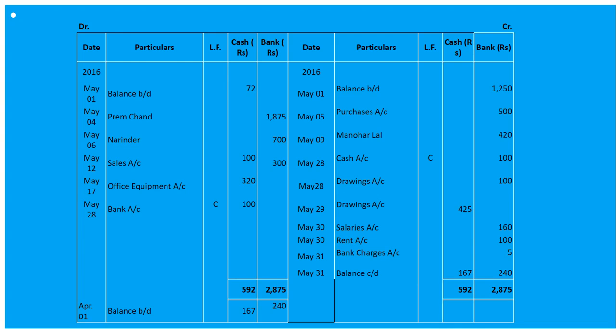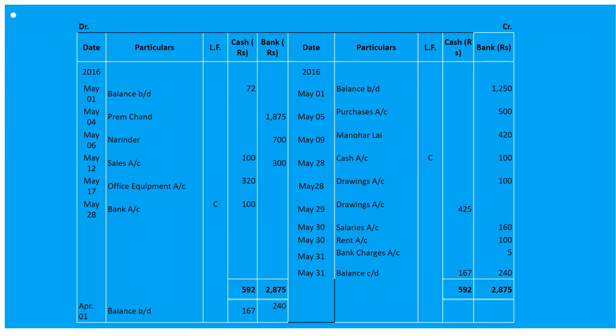On May 30th, paid by check salaries 150 and rent 100 rupees. So by salaries, by rent account, 150 and 100 both will be written under bank. On May 31st, bank charges as per passbook. So by bank charges, the amount will be written under bank, 5 rupees. Now balance carried down. It is the turn to balance carry down.